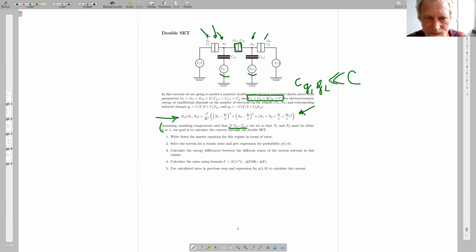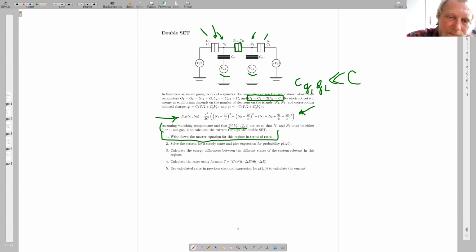Now let us see what we do. Let us understand the task first. Again, it's more about the master equation than about Coulomb blockade. So one has to write down the master equation, and it's a useful ability to train yourself.